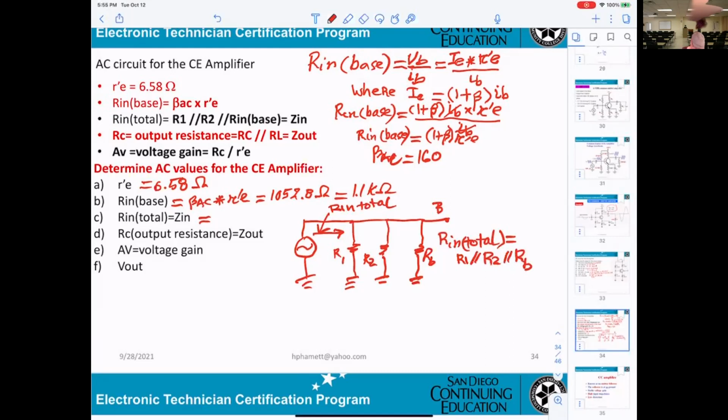So R in total equals 1 divided by 1/R1 plus 1/R2 plus 1/RB.